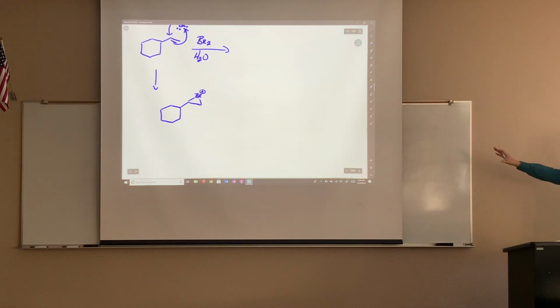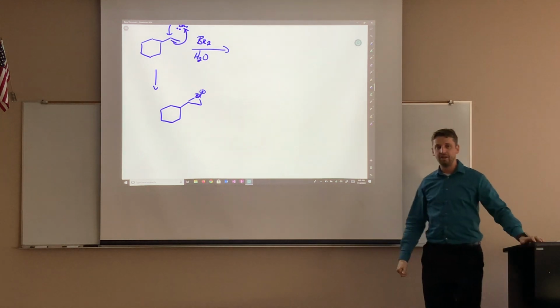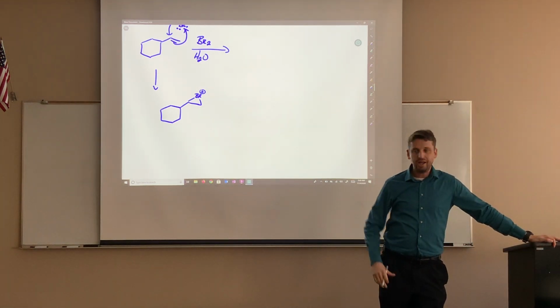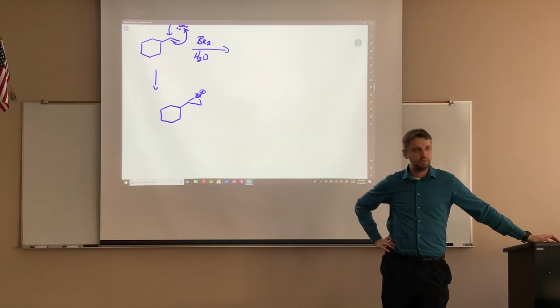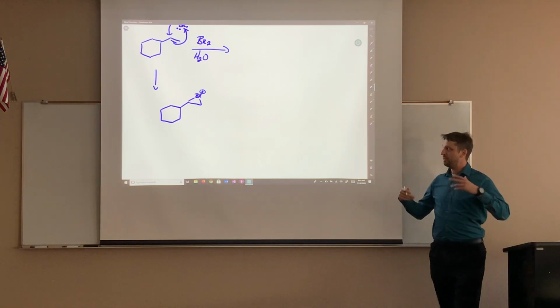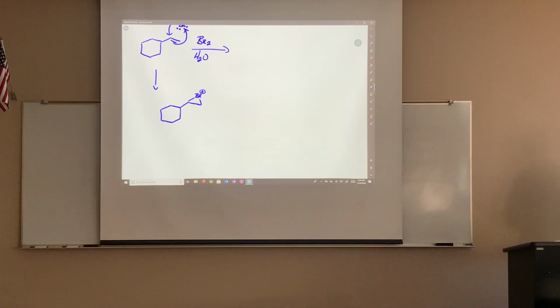So after we've reached our bromonium intermediate, if you said that a nucleophile is going to come in and hit the more substituted carbon, well, what options do we have for a nucleophile? What is a nucleophile?